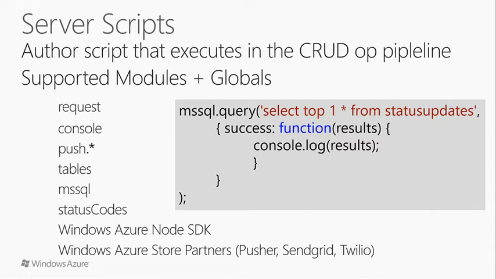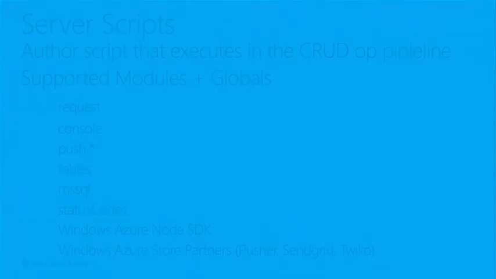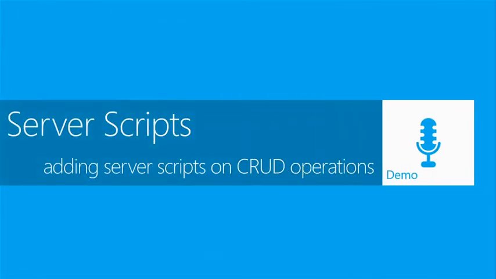So that simple select statement could actually, in fact, be, execute stored procedure X that you wrote that may perhaps do some kind of transaction across a couple tables or something like that. There is the Windows Azure Node SDK if you want to interact with Windows Azure Storage, and we've got a number of store partners available for doing things like sending email or doing sort of real-time messaging and that sort of thing. We may see SendGrid if we have time today.